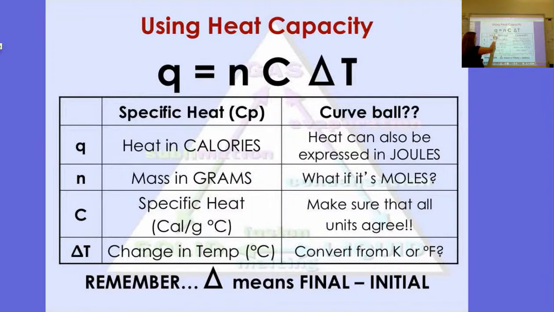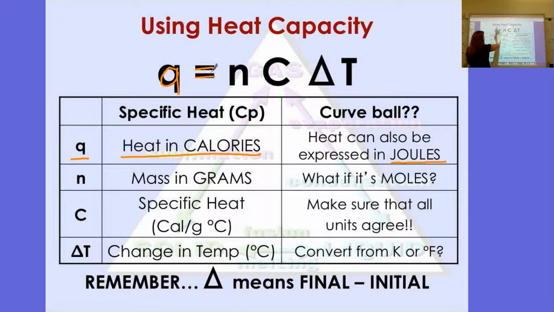Here's our equation. Q stands for the total heat in calories or joules. So your units can change, but either way, Q is the total amount of heat, measured in calories or joules.